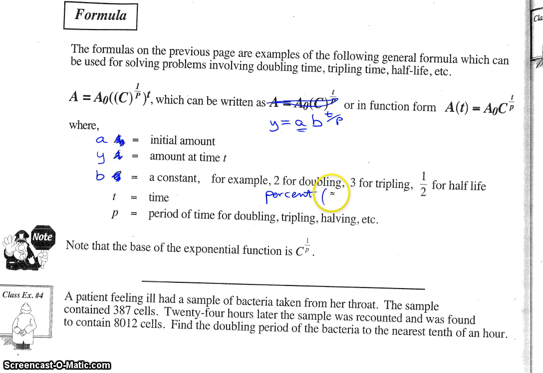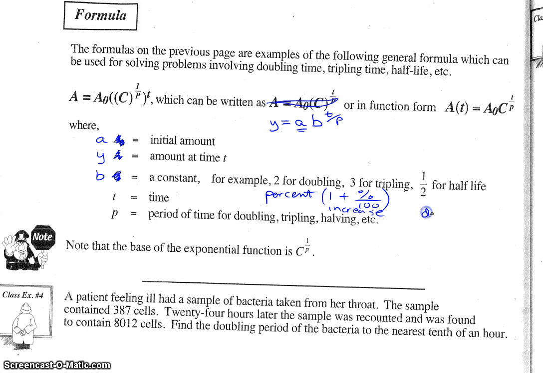for percent, you would go 1 plus 0.0 whatever the percent is. Actually, here we'll go 1 plus the interest. It's not really interest. We'll go 1 plus percent over 100. That's if it's increasing by a certain percentage.